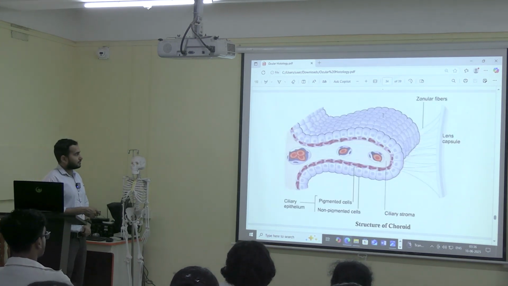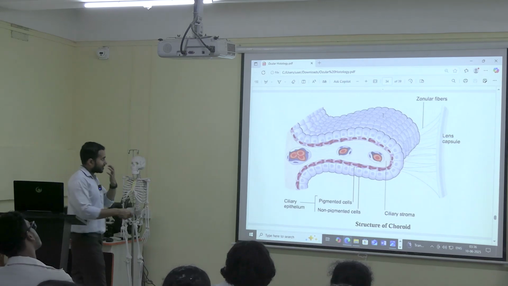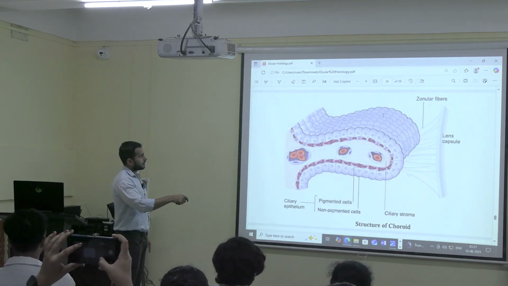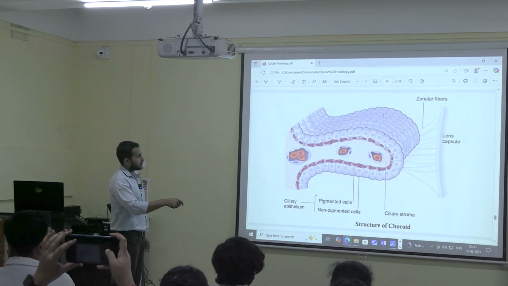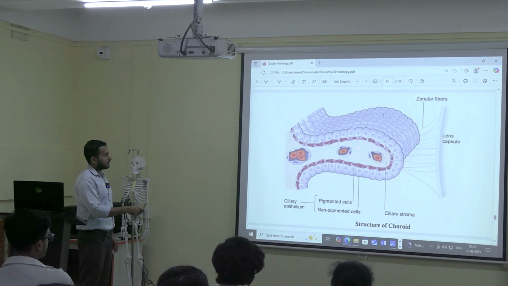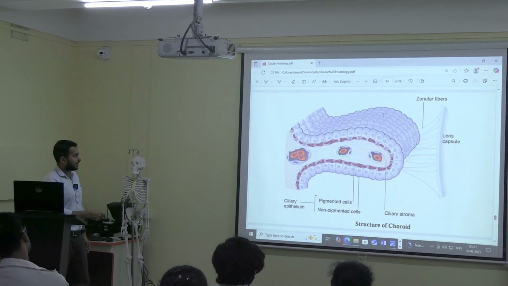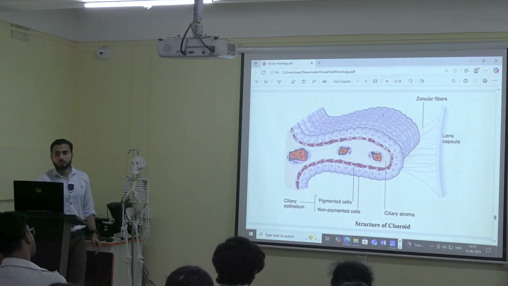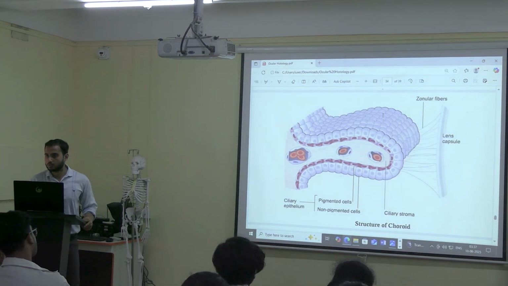Here you can see the diagram. In the diagram you can see the double layer of epithelium. This is the inner layer and this is the outer layer. Next is the ciliary stroma. In the ciliary stroma, as you can see, blood vessels are present, and along with that ciliaris muscles are also there.